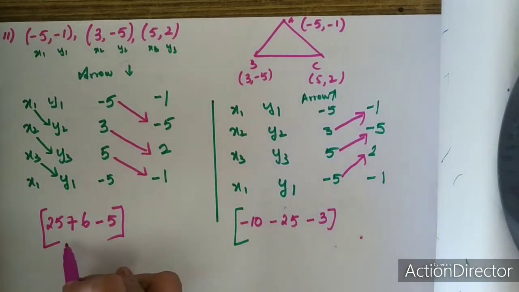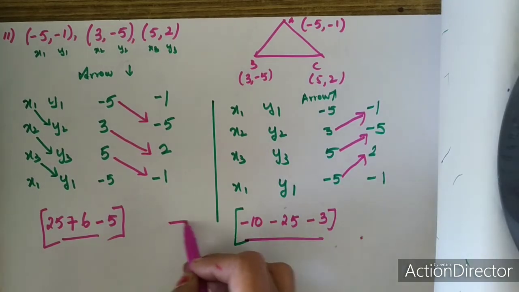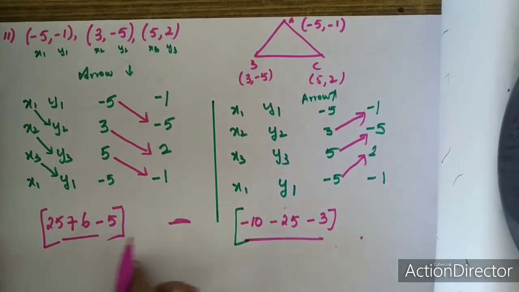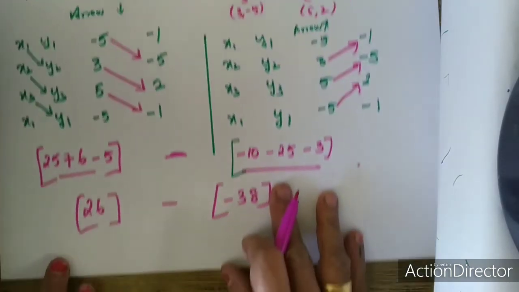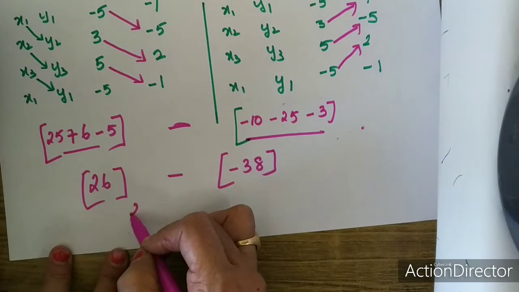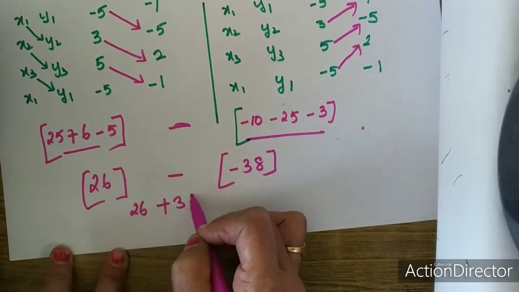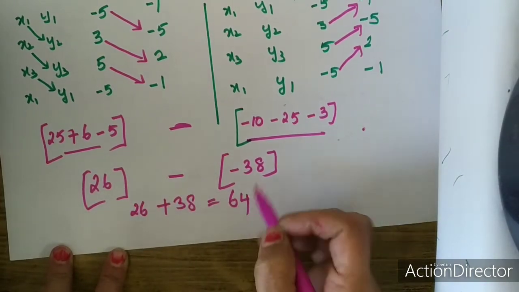These two steps we have to subtract the values. 25 plus 6 is 31. 31 minus 5 is 26. I am getting 26 over here. Minus 10 minus 25 minus 3 will be minus 38. So this is equal to 26 plus 38, which is equal to 64.